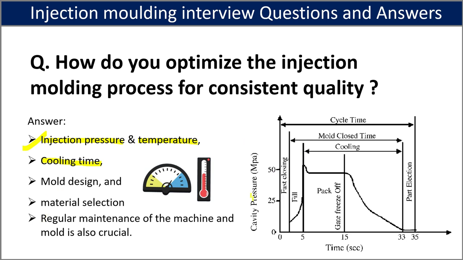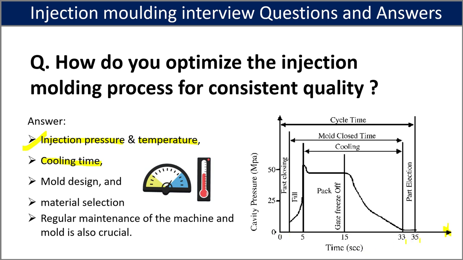In this graph you can see the cycle time. The cavity pressure is on the y-axis, and on the x-axis you can see the time in seconds.